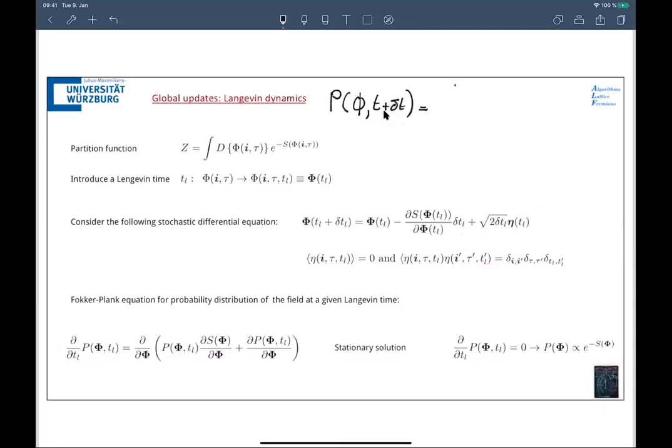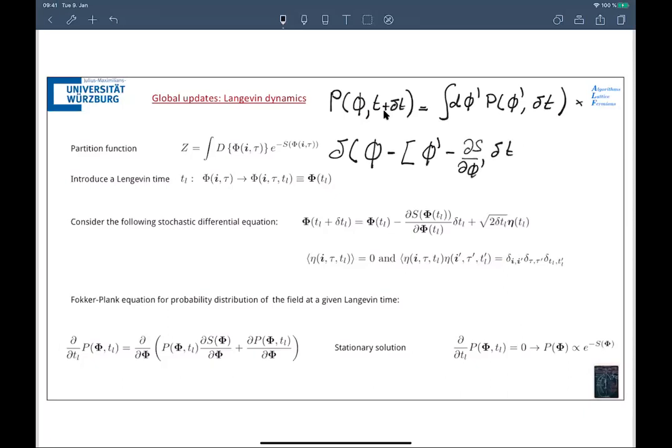This is equal to the integration over all the possible fields at a previous time, so p of phi prime at t, and then I have a delta function of phi minus, and I will open it up, phi prime minus dS over d phi prime times delta t plus this white noise, square root of 2 delta t_L times eta of t_L. That's basically a white noise, and I will have to average it like this.